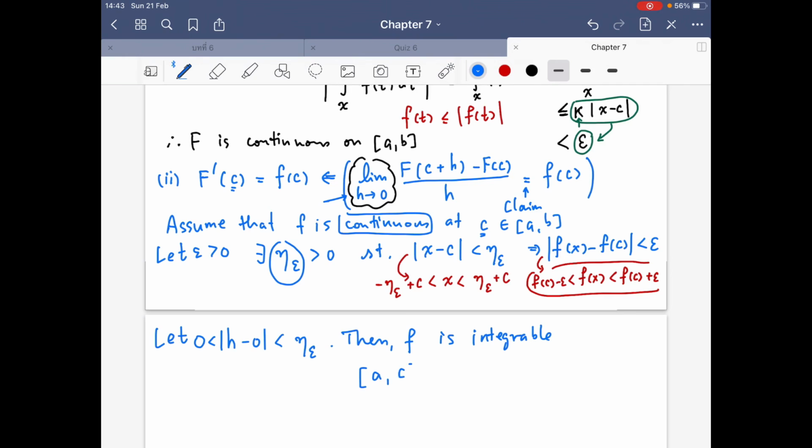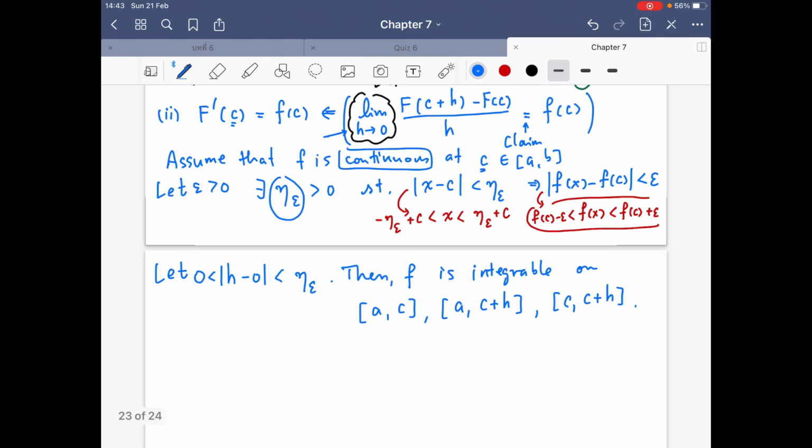For example, you can stop at c first, and then from a to c plus h, and then from c to c plus h. So into several subintervals it is still integrable on these subintervals.